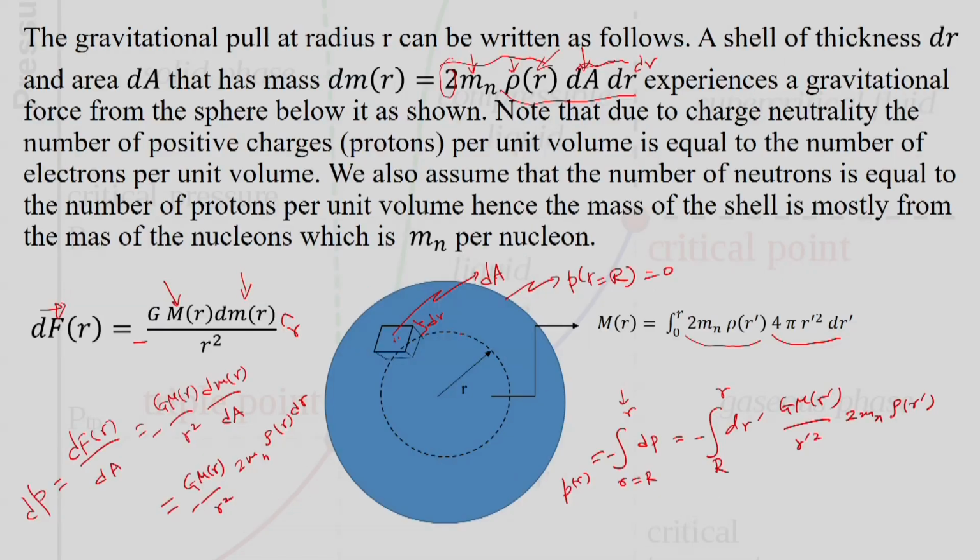Now, keep in mind that M itself is nothing but this integration. So, M'(r) is actually going to be 2 m_n rho of r into 4 pi r squared. If I just take the derivative of M(r), it is going to look like this.